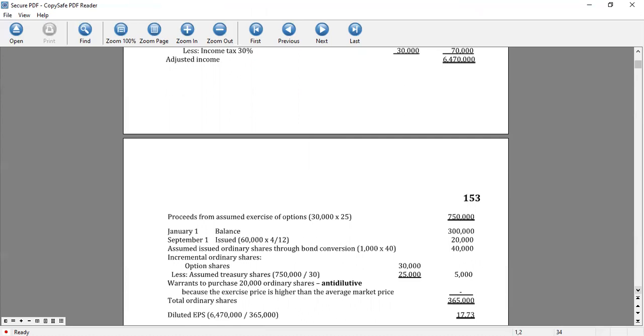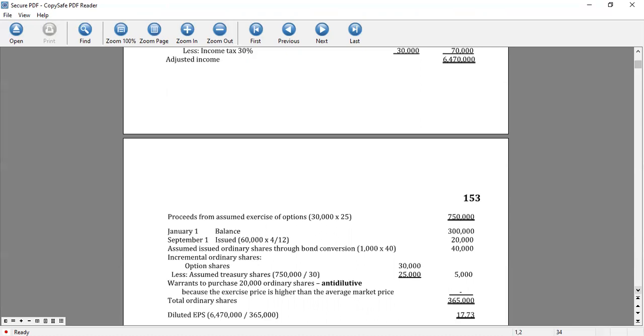The warrants, which will expire on December 31, 2022, were outstanding on December 31, 2020. Unexercised share options to purchase 30,000 ordinary shares at 20 per share were outstanding at the beginning and end of 2020. The fair value of each stock option is 5.